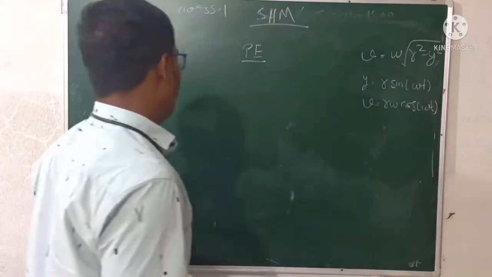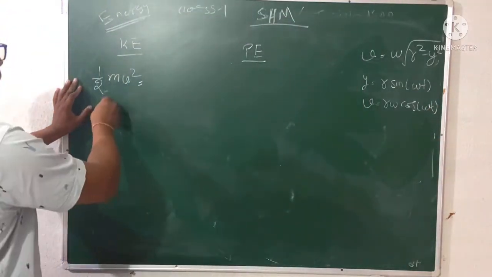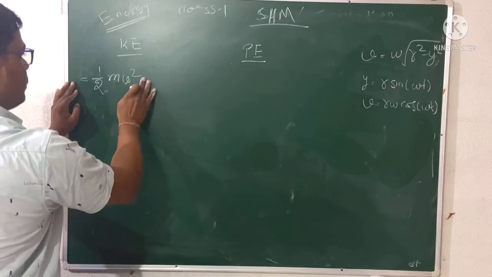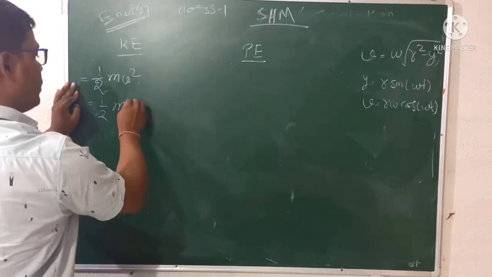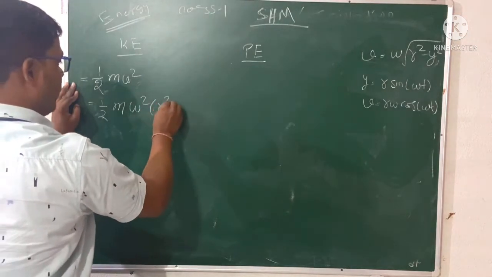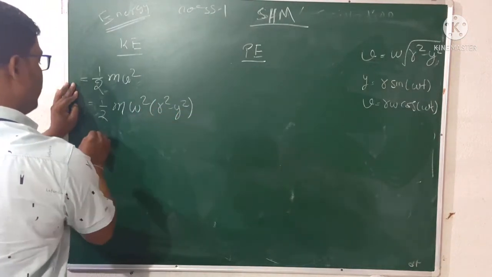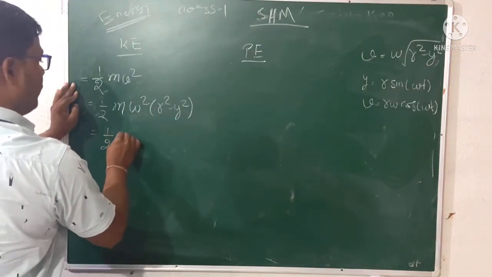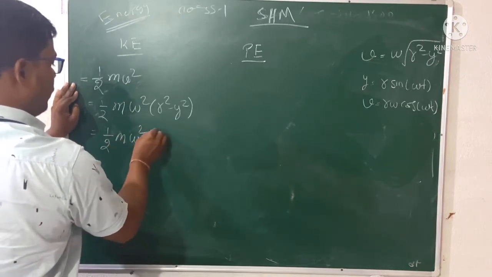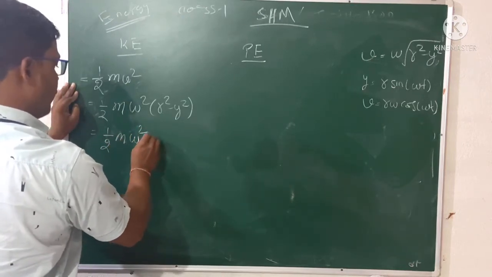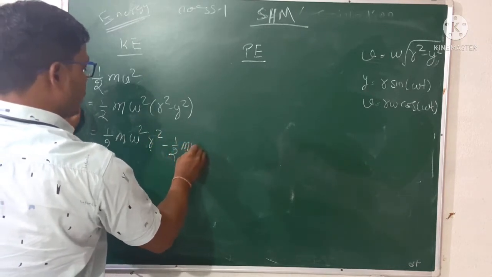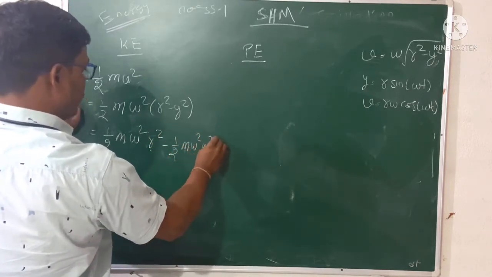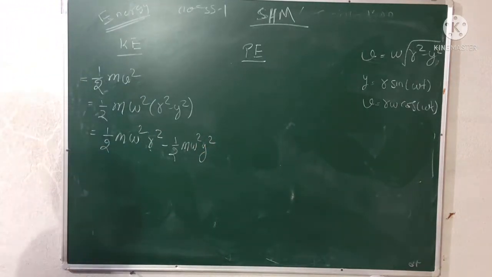So what will be our kinetic energy? That is equal to half m v square. What is v square? That is omega square into r square minus y square. So this is half m omega square r square minus half m omega square y square. So this is the expression of kinetic energy.